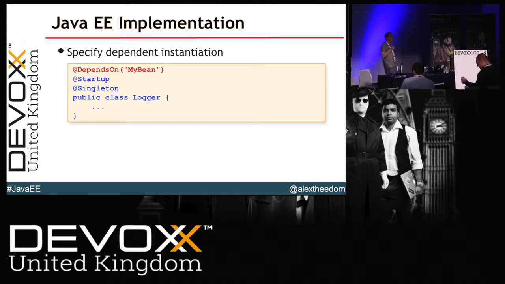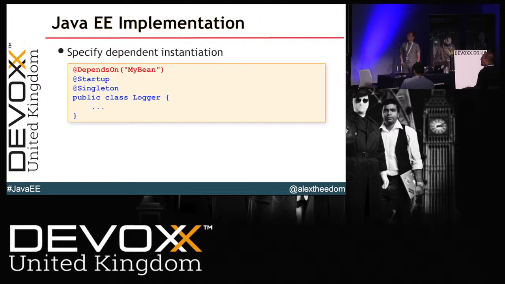But what happens if we want to perform some kind of startup tasks within our post-construct method that is dependent on a connection to a database or web service, or some other bean needs to be created in order for that startup task to be successful? Well, we can specify this by saying that the instantiation of our logger bean is dependent upon the instantiation of another bean.